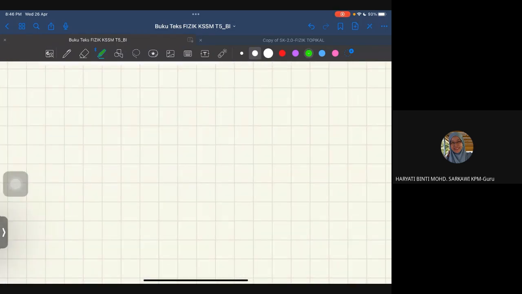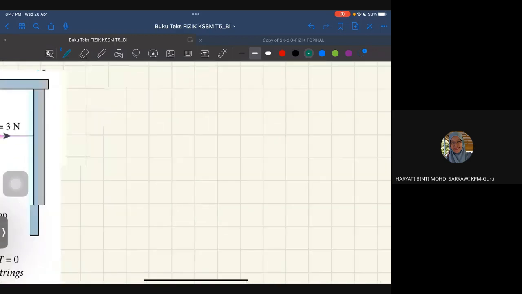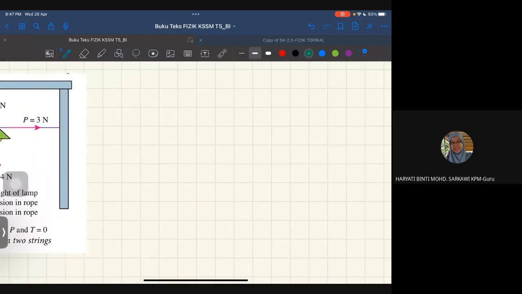So when the resultant force is zero, maybe we recap. Resultant force is actually the net force.